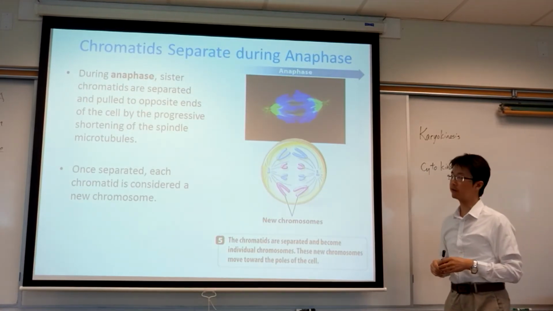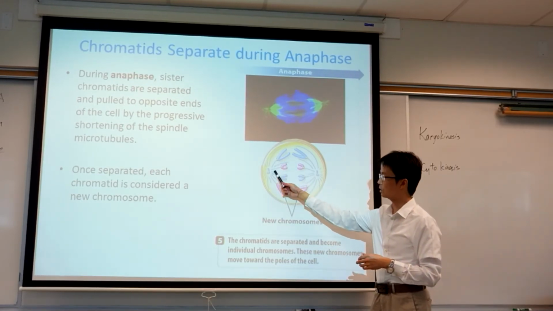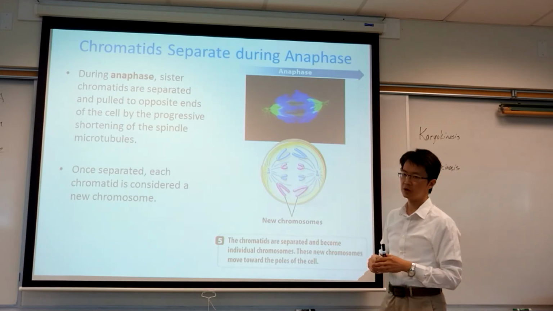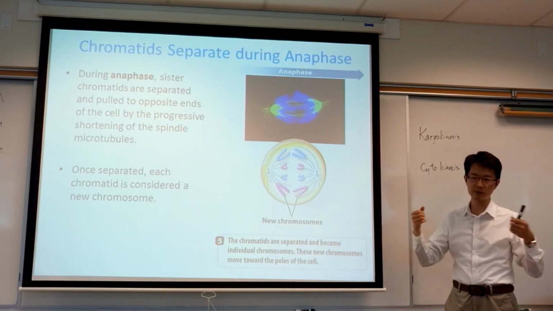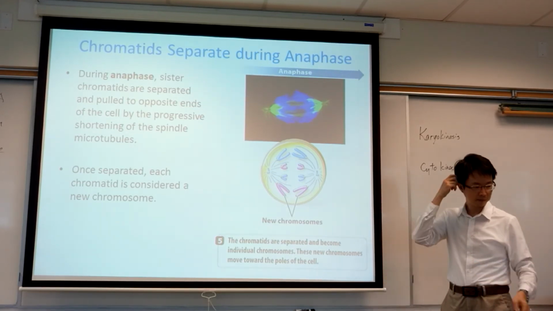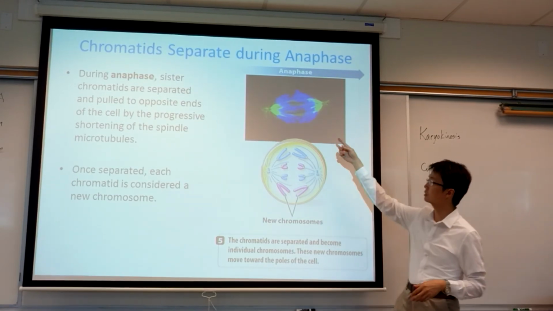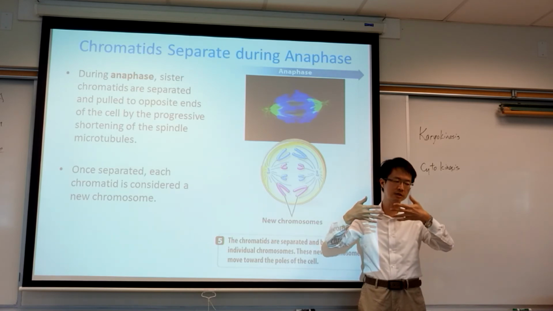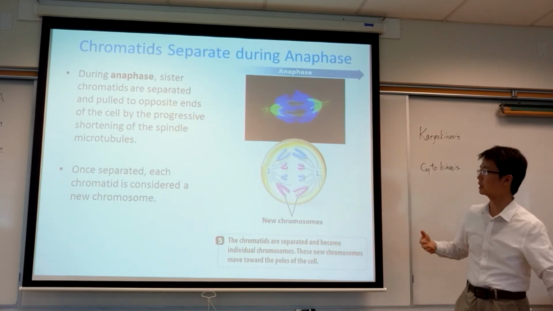After metaphase, the spindle microtubules shorten toward the opposite ends, and literally pull the two sister chromatids apart. When you look under the microscope, it looks like two hands facing each other, the fingers facing each other like this. When you see it separated like this, it is the anaphase.